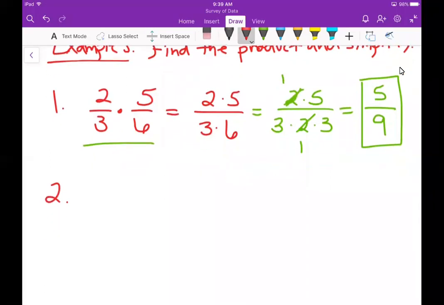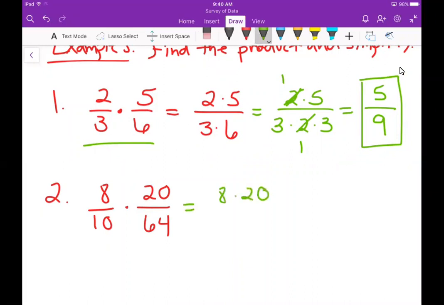All right. Can you take 8/10 times 20/64? Okay, so again, I'm going to suggest for your first step, just go ahead and put those things together, but don't actually multiply out yet, because again, you already are looking at broken down factors, and that's a little bit easier. So I'm going to start with the 8, and I'm going to say, okay, can 10 be divided by 8?